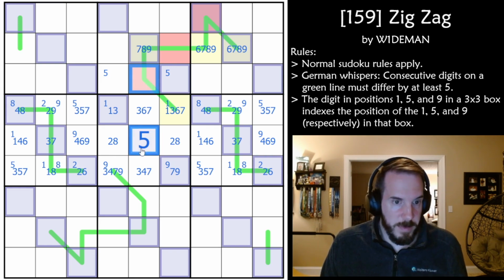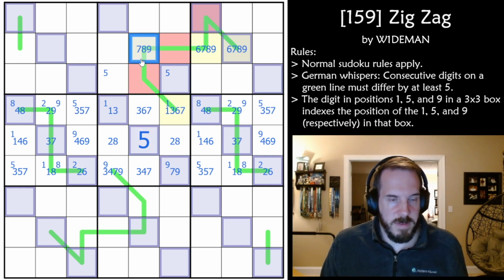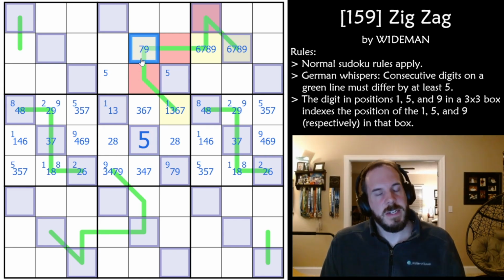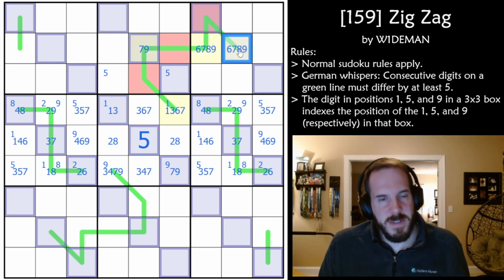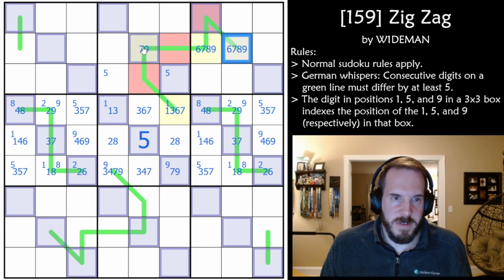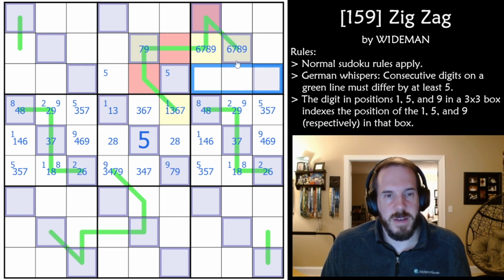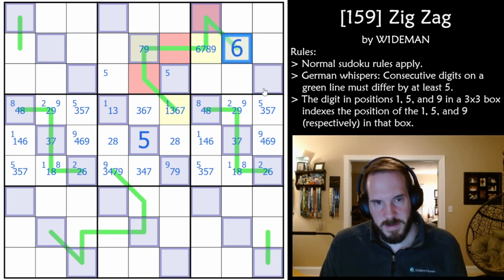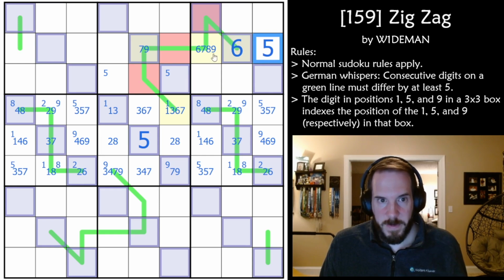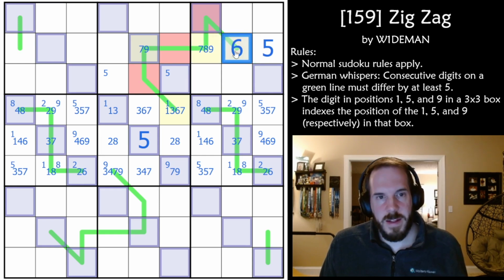Can't be 5 here for a couple of reasons, the line and the existing 5, so that can't be an 8. And so now this cell can't be 7, 8, 9 because we already have our high entropy in these 3 digits. Putting a 7, 8, 9 here would put a second 5 in row 3. So this has to be a 6 with a 5 here. And then this has to be a 1.